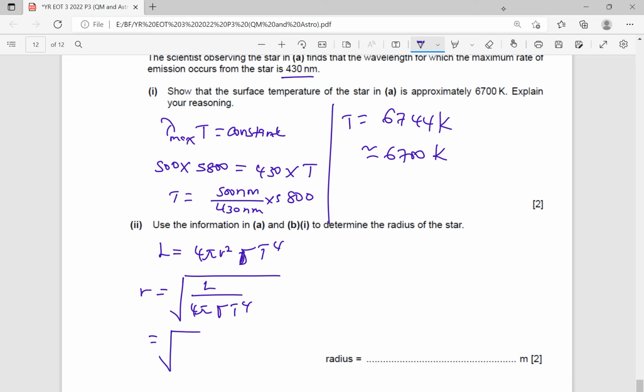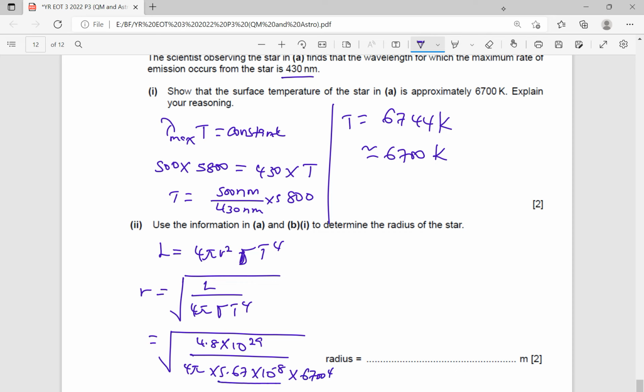This will be the square root of the luminosity, 4.8 times 10 power 29, divided by 4 pi times 5.67 times 10 power negative 8, then times 6,700 power 4. This 5.67 times 10 power negative 8 is Stefan Boltzmann's constant.